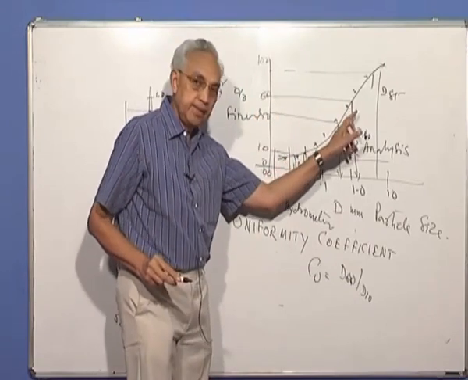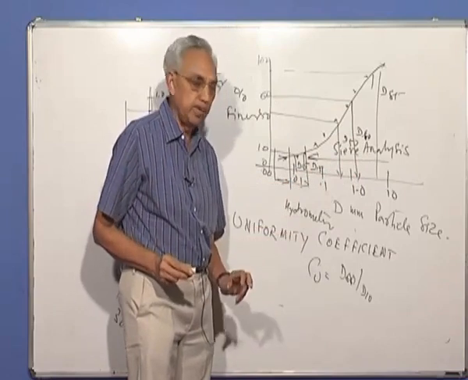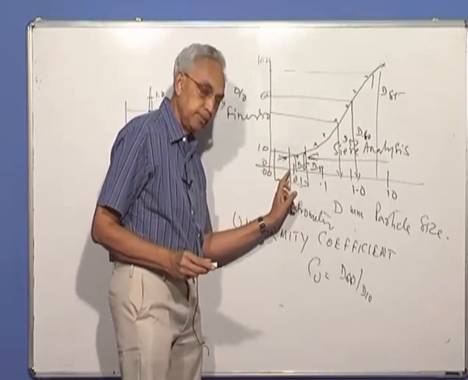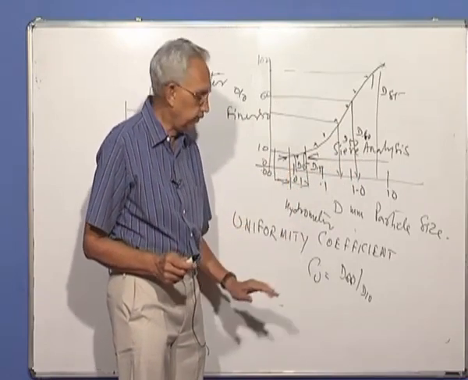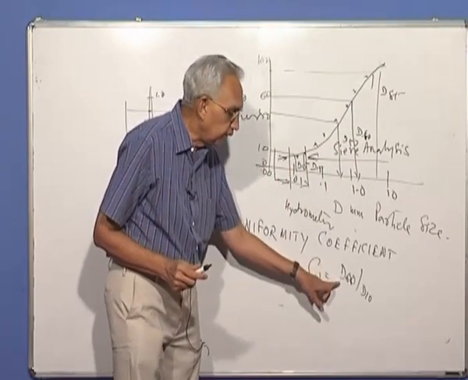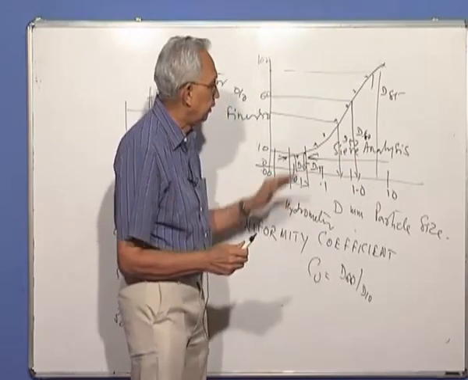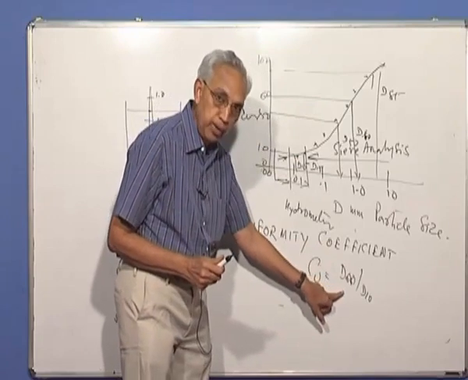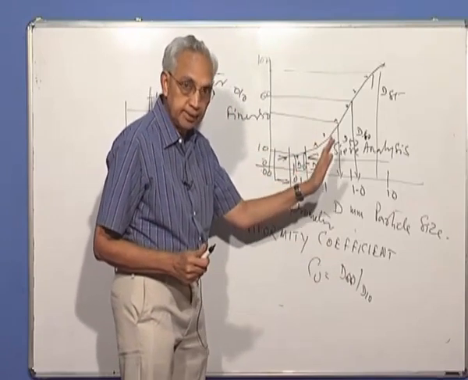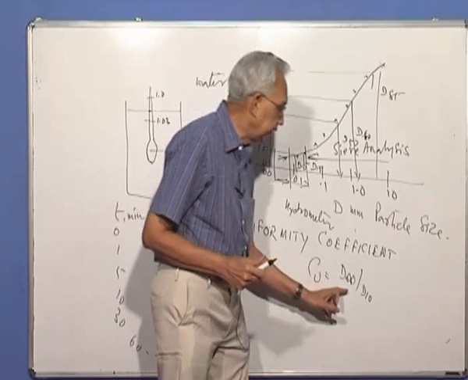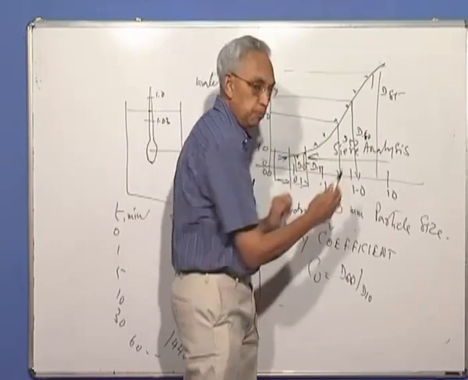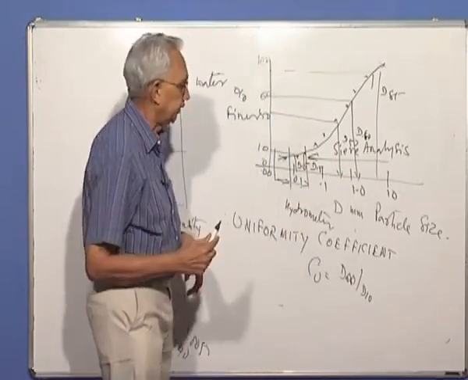I can take the size corresponding to 60% finer and the size corresponding to D10. I take a ratio. It will tell me. The smaller this ratio, suppose this is equal to 1, which means particles are of the same size. If the ratio is larger, then the curve is spread and you have different sizes.